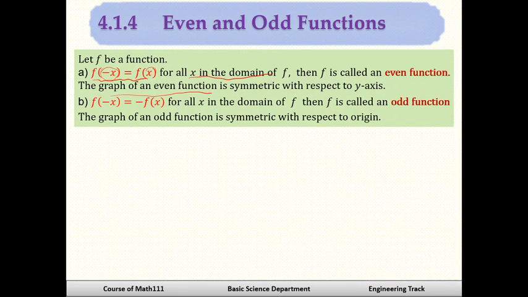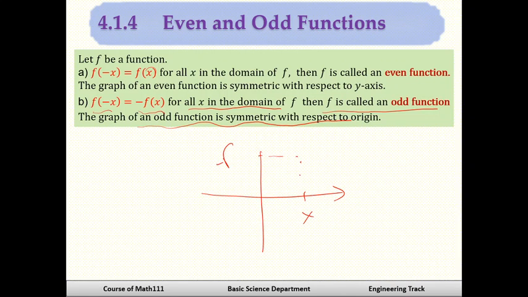The other one is the odd function, and an odd function has this property: f of minus x should be equal to minus f of x for all x in the domain. If it happens, in this case we call it an odd function, and the graph of an odd function is symmetric with respect to the origin. You can see that here. So if x, f of x is here, this is one point on the graph. Now look at the minus x.